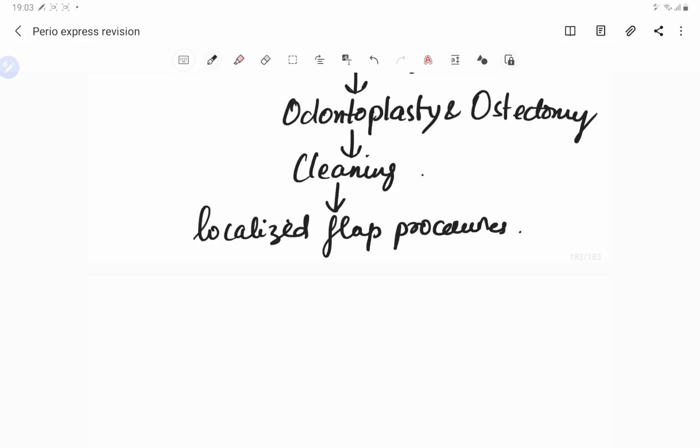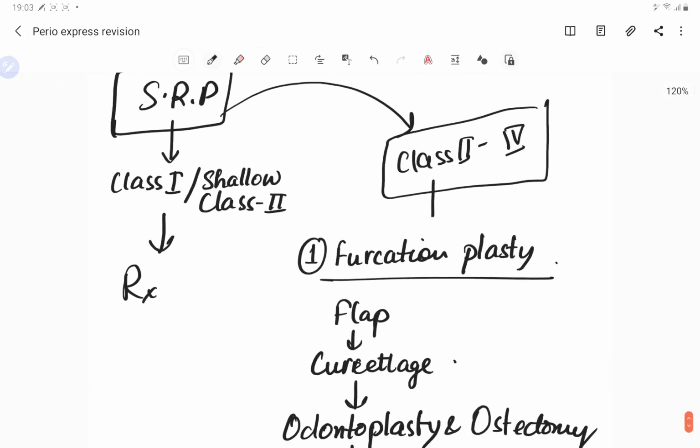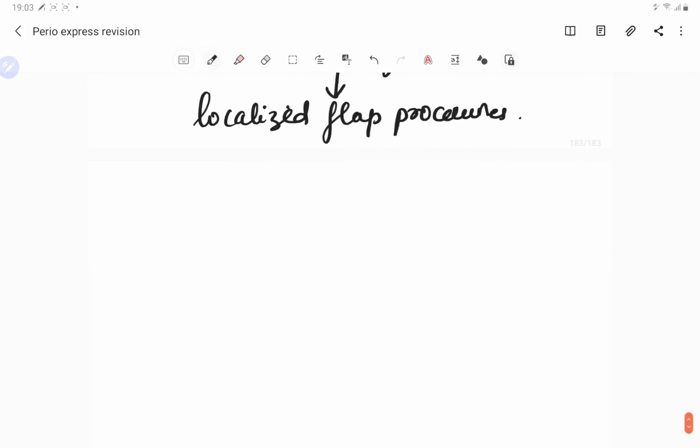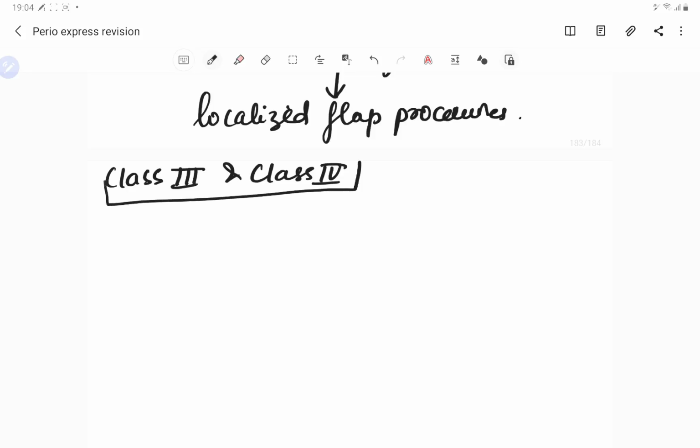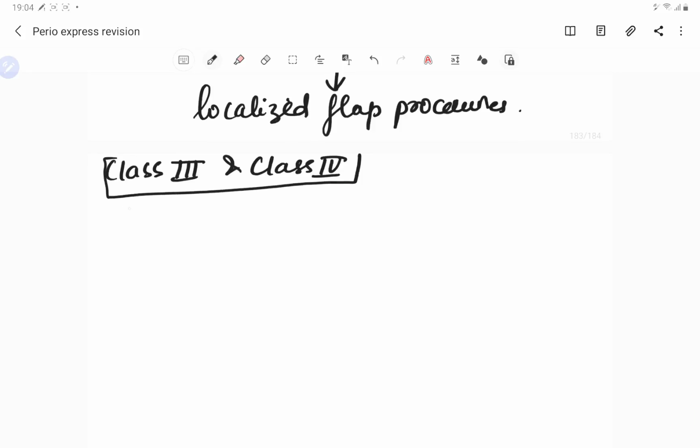This procedure we can do for cases up till the isolated deep class 2 cases, so this is for class 2. For class 3 and class 4, now class 3 and class 4 are rare cases. What do we do for these?